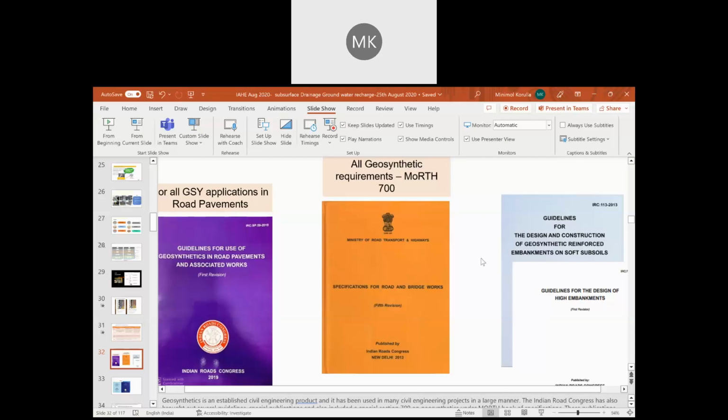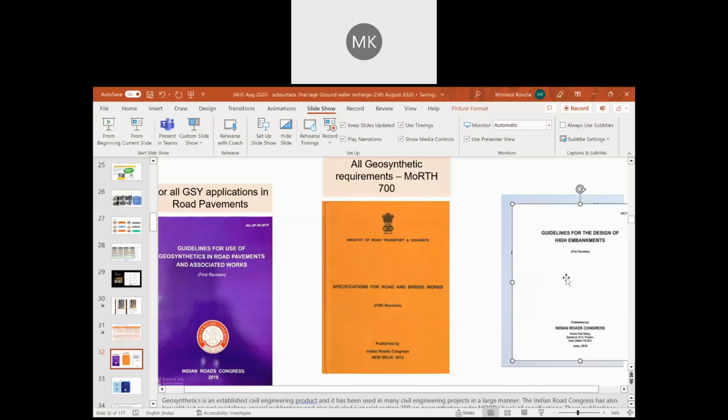All right, nowadays for geosynthetic materials in our country, more than this durability concept, the greater adaptability is wherever we can reduce the thickness. Okay, but the durability concept will also come, because IRC 59 got published in 2019, and the popularity is increasing.